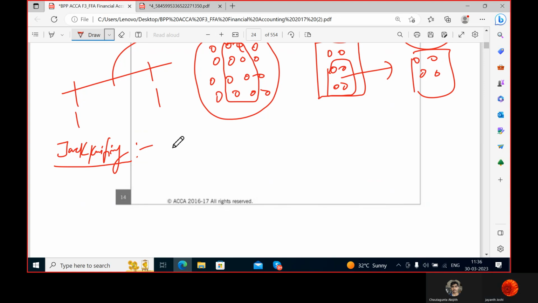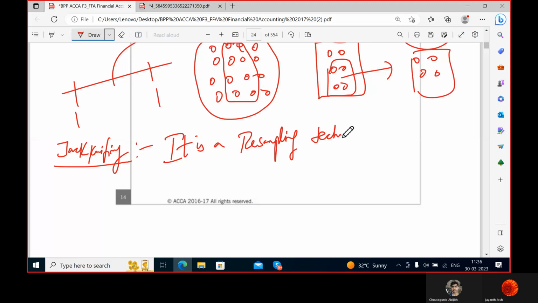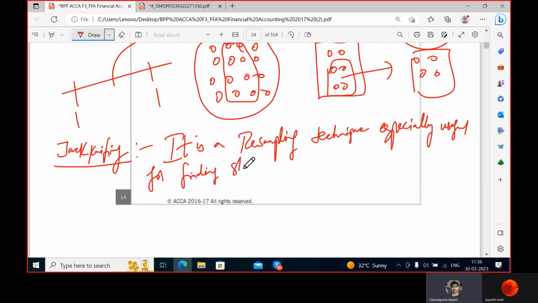It is especially useful for finding standard error.